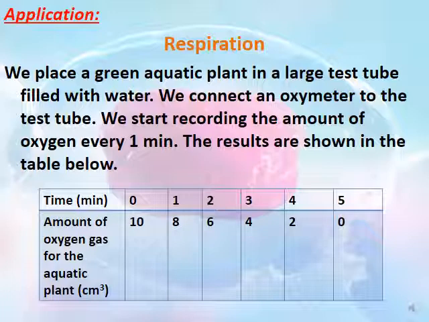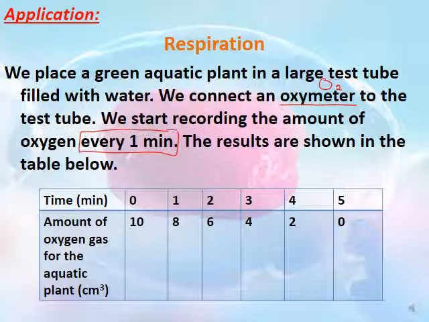Then we connect an oximeter. Oximeter is used to measure the volume, the amount of oxygen gas, O2. So we connect an oximeter to the test tube to measure the amount of the oxygen gas. We start recording the amount of the oxygen every 1 minute. The results are shown in the table below.